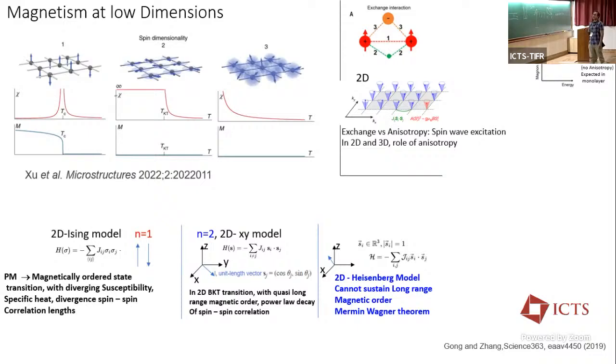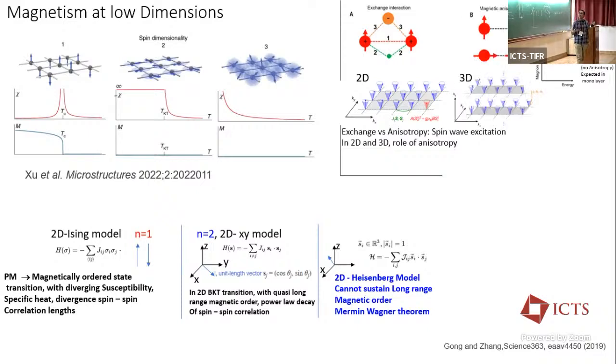But you can still allow order to emerge inside these 2D systems by introducing anisotropy. The anisotropy may emerge from spin-orbit coupling. There can also be a shape anisotropy, because these are highly shape-anisotropic systems. It's two-dimensional, so there is no thickness in the z direction, and therefore a lot of anisotropy is present in the system.